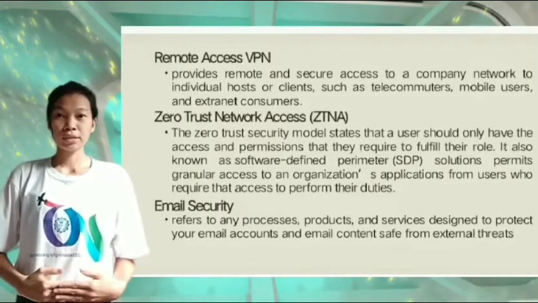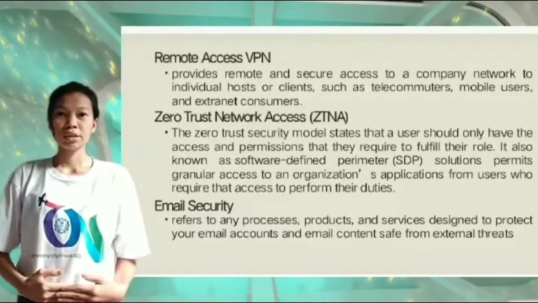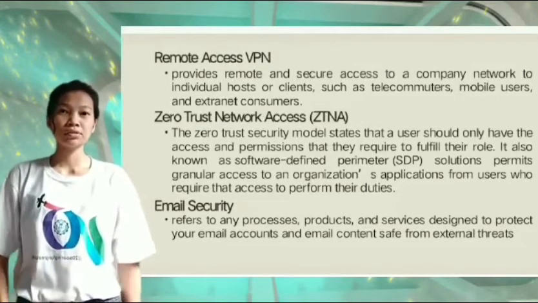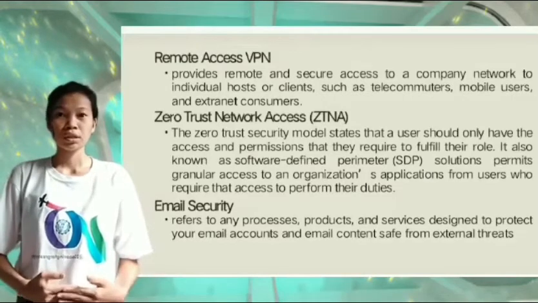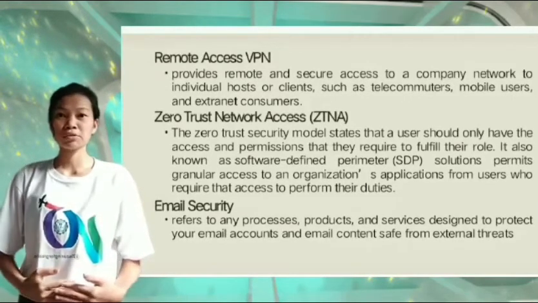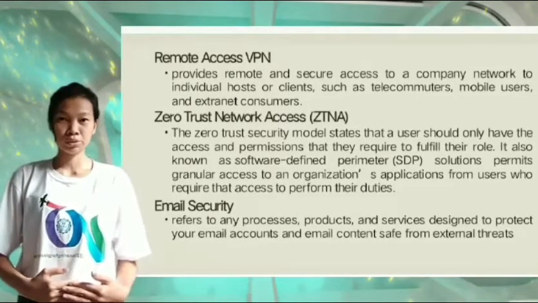The Zero Trust security model states that a user should only have the access and permissions that they require to fulfill their role. It is also known as software-defined perimeter solutions, which permit granular access to an organization's applications from users who require that access to perform their duties.